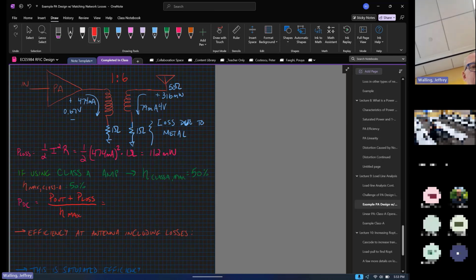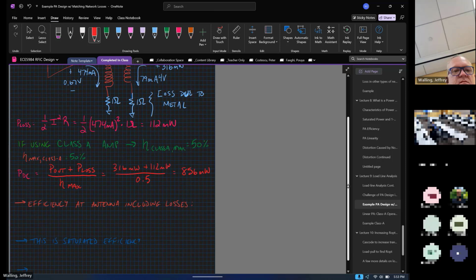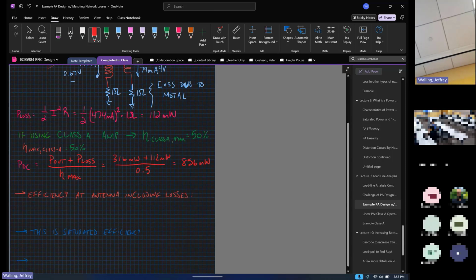So this is 316 milliwatts plus 112 milliwatts divided by 0.5, or about 856 milliwatts. All right, so we have to use 856 milliwatts of DC power in order to generate 316 milliwatts of AC power at the antenna. That's what we're finding here.